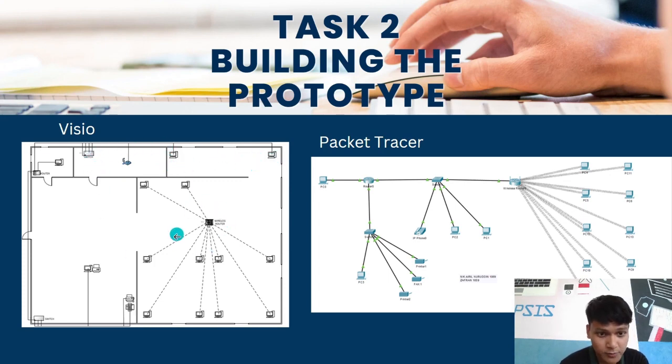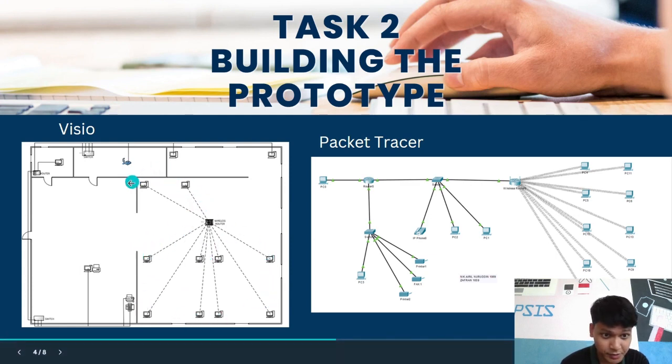Why do we put the wireless router here? Because it is the center of the office that is full of PCs. By doing this, all of these PCs will have a stronger connection to the internet. So that's why we put a wireless router here.